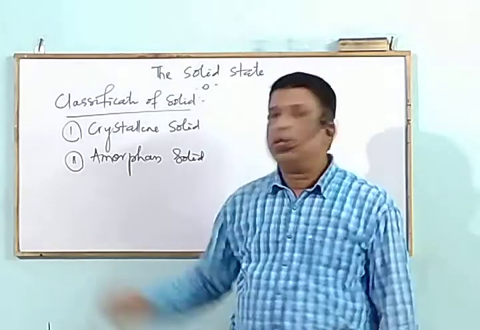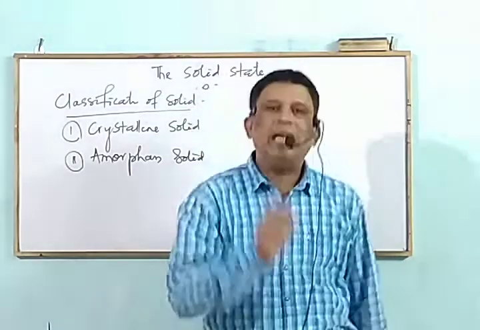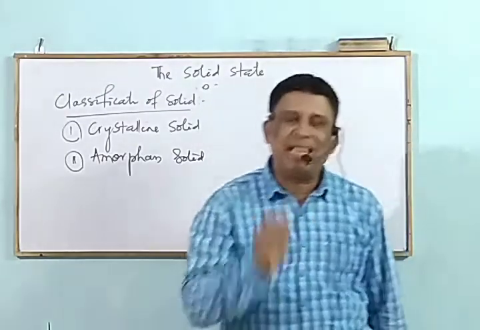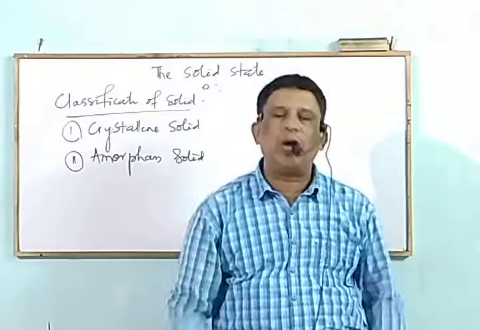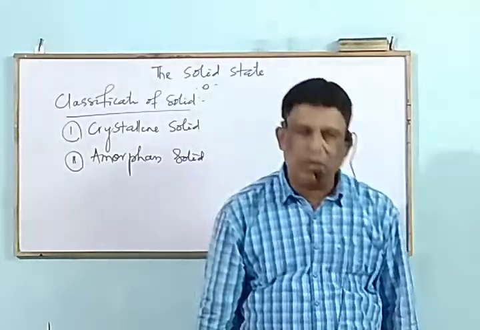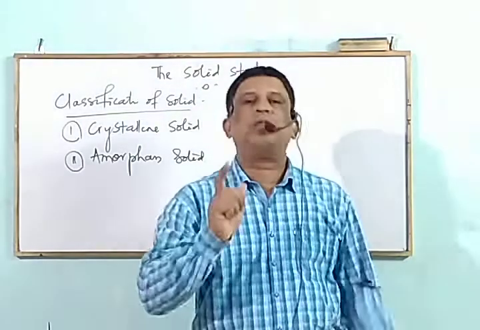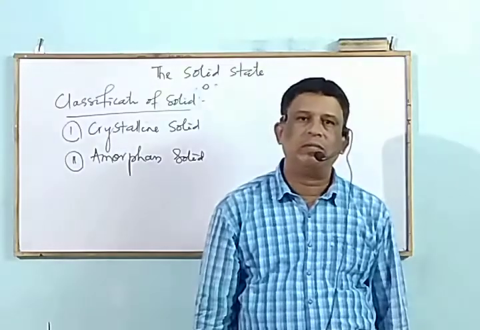Next we discuss the amorphous solid. A solid is said to be amorphous if there is no regular orderly arrangement of the constituent particles. The orderly arrangement of the constituent particles is of very short range order.